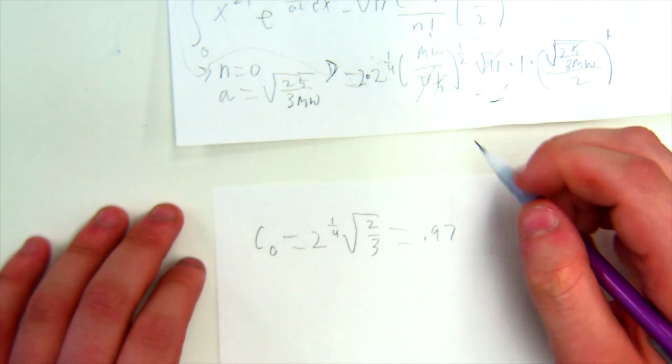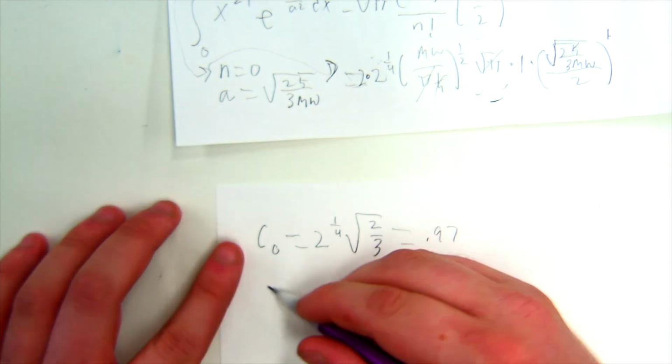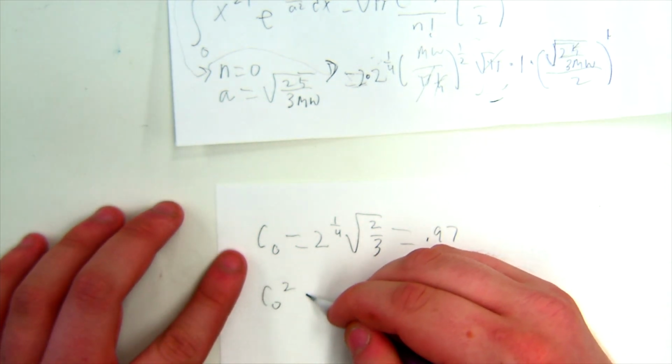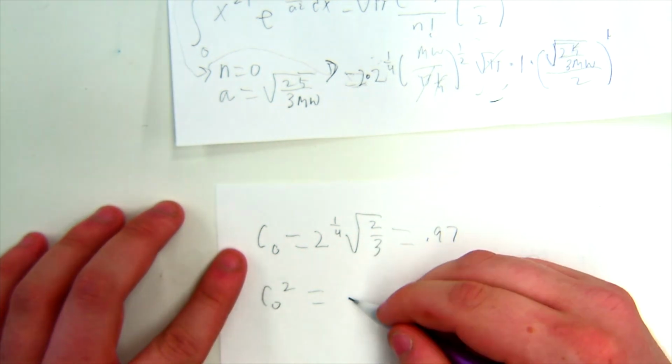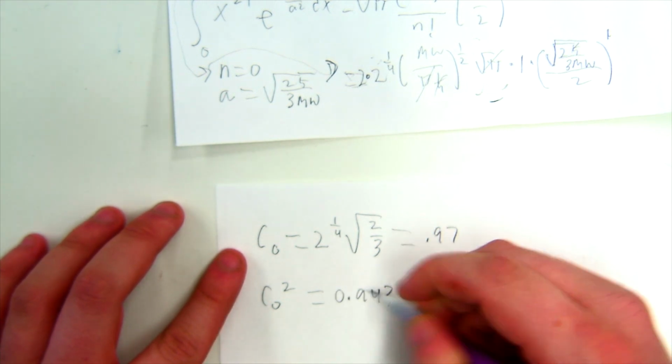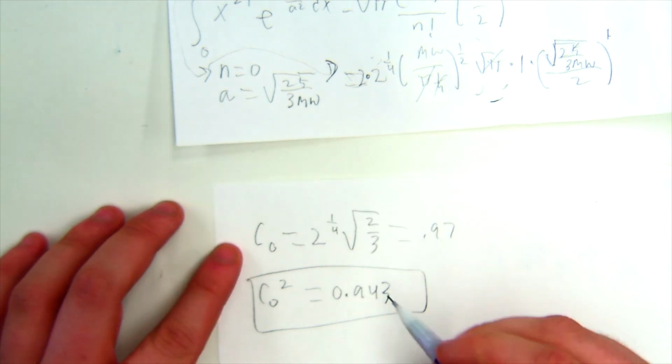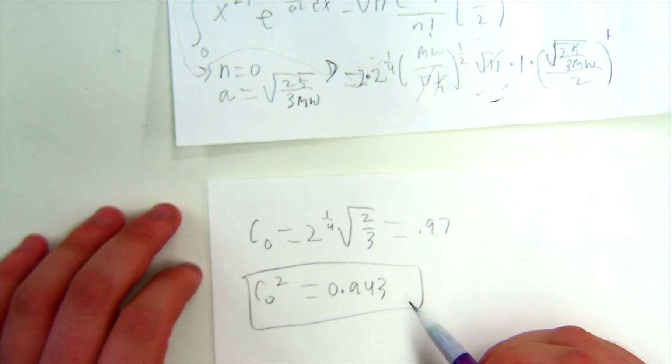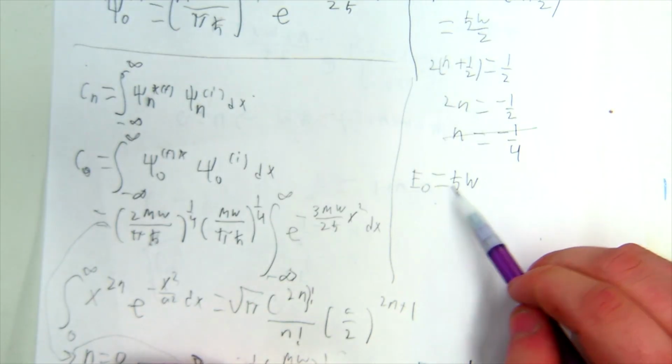And then the probability of getting this is going to be C0 squared, which is equal to 0.943. And this is the probability of measuring an energy with a value h bar omega.